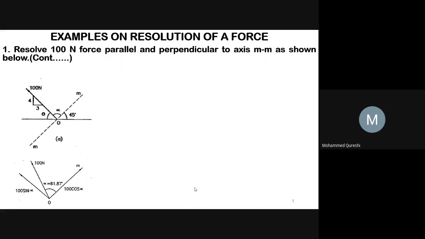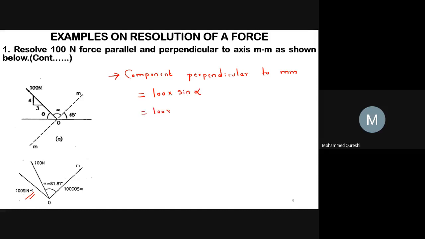This is the way you can calculate the component parallel to MM. Now we will calculate the component perpendicular to MM. Perpendicular to axis MM means the sine component, and the force is given as 100 into sine alpha.